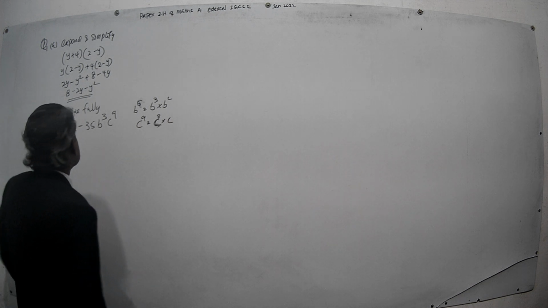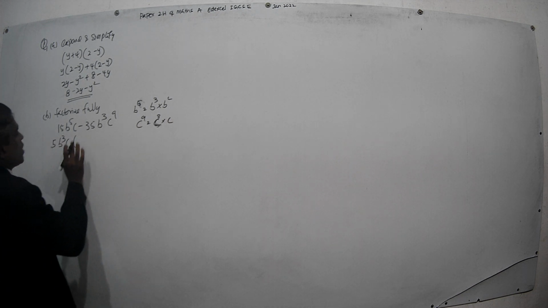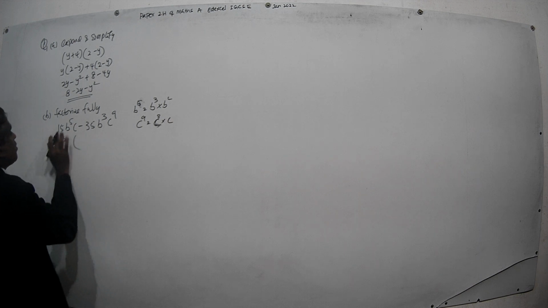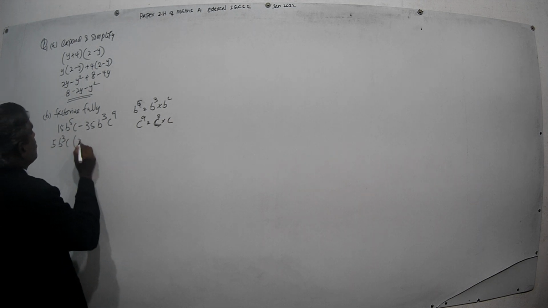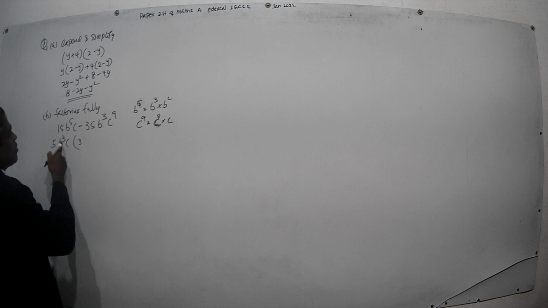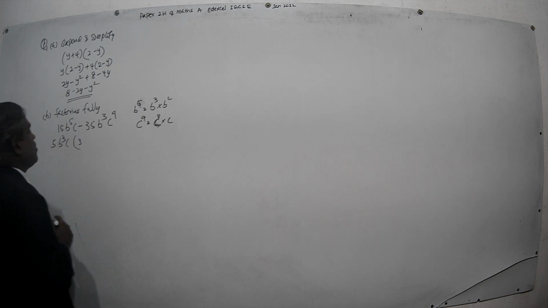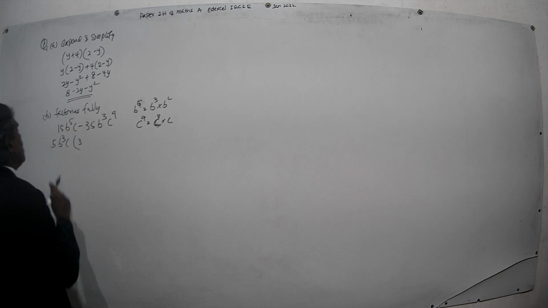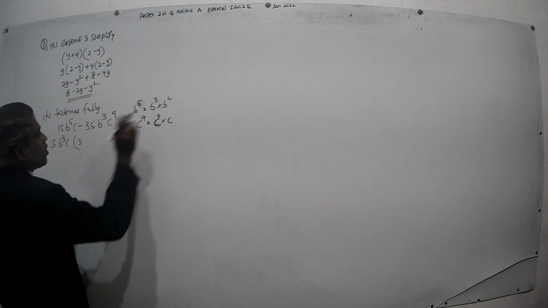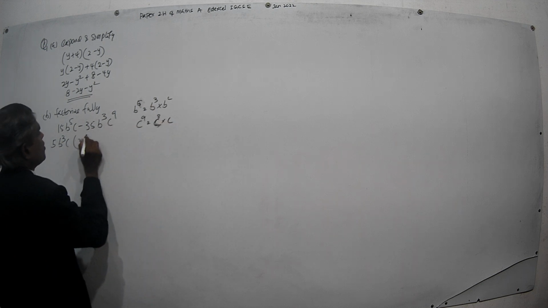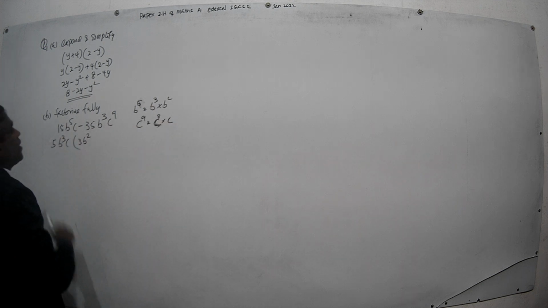Right. So now determine what is to be within brackets. 15 divided by 5 is 3. Out of b to the power 5, b to the power 3 was taken, so b to the power 2 is left. Then c was taken, nothing of c is left.